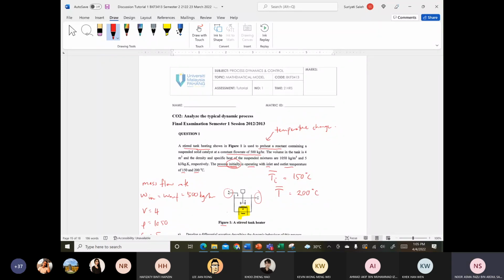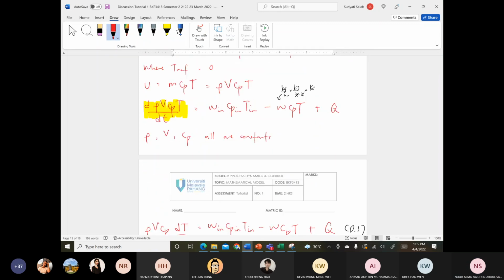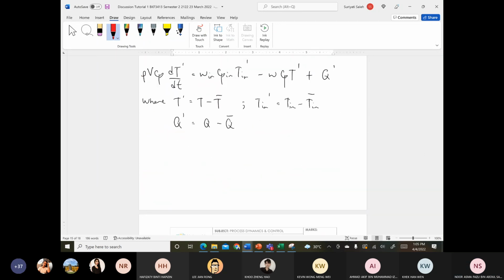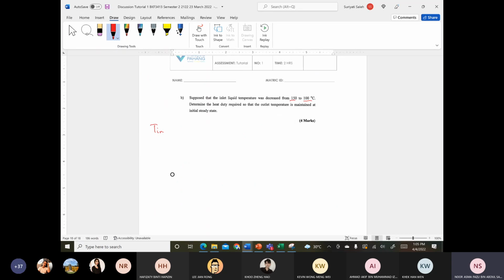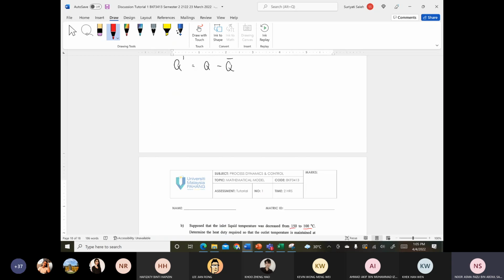Now it has been changed to 100. So here we use T in prime equal to T in minus T in bar, as has been developed for this part.